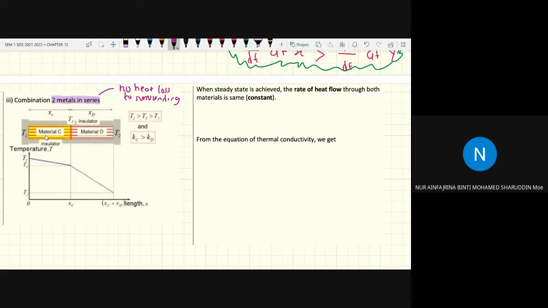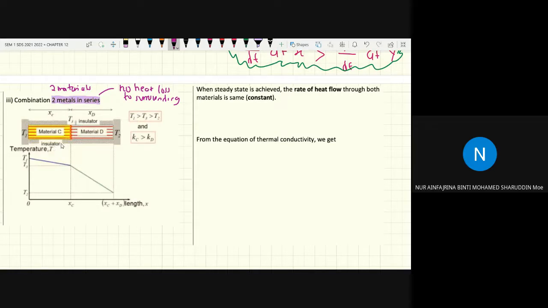Contohnya, you will have two material, material C and material D. For example, one is iron, one is plastic, or one is iron, one is wood, iron, copper ke anything lah. So, you will have two materials. Okay, two materials. And they are insulated, means they are covered. Okay, they are insulator lah, maksudnya they are covered.